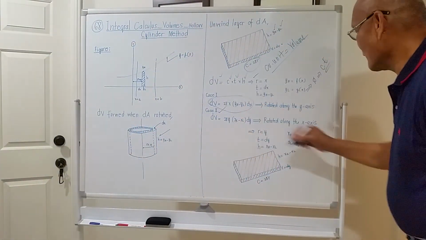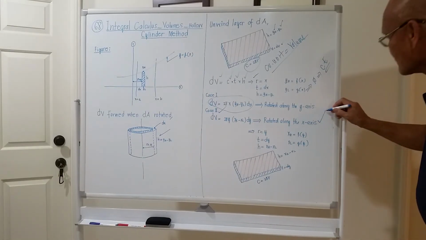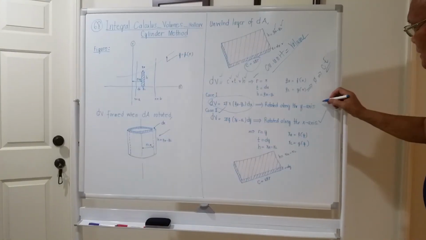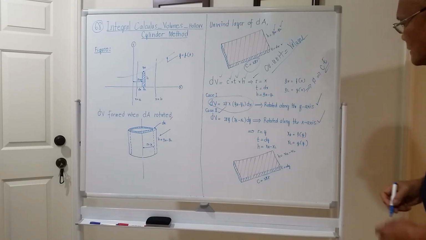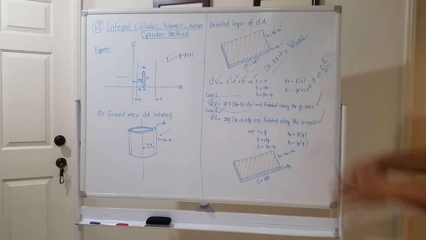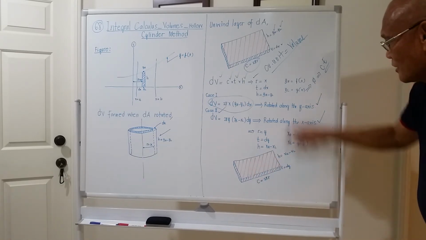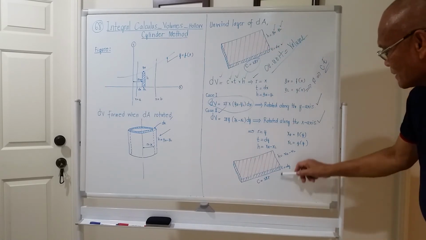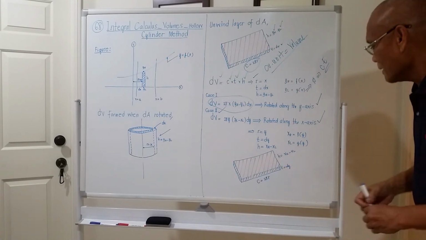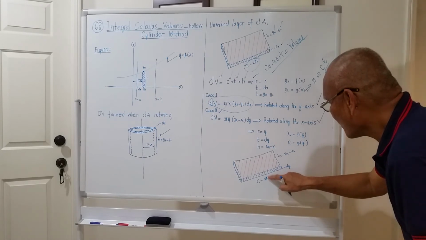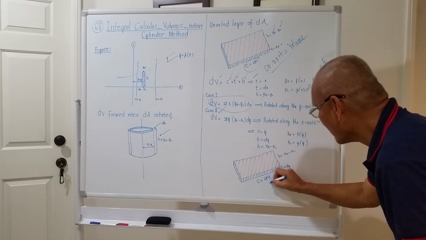If the hollow cylinder is to be rotated along the x-axis. The first case is rotated along the y-axis. For case number 2, this should be the configuration. Same as this, except that the length will be 2 pi r, or simply 2 pi y.